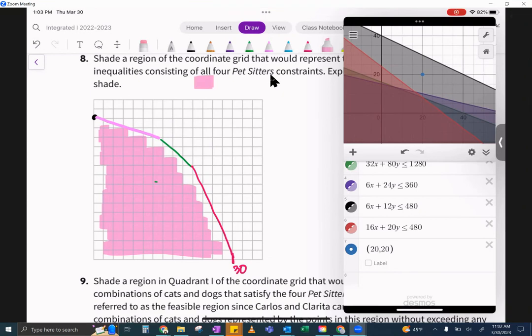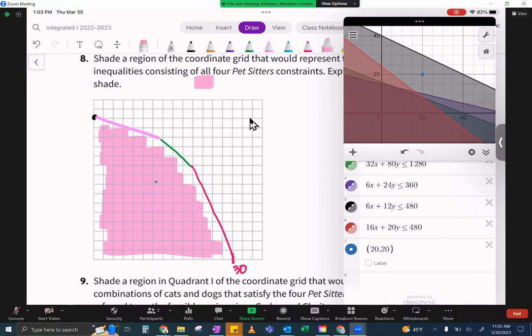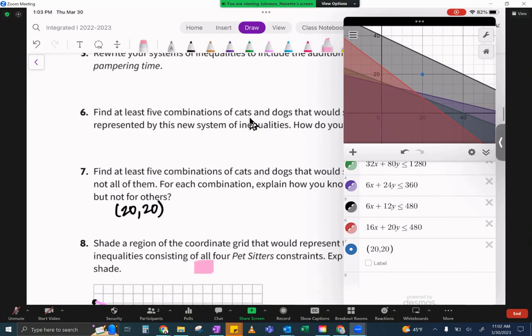You see the word all right there? All. Okay, so if you were trying to find answers for number 6, you're choosing anybody from this darkest region. If you're trying to find anybody for number 7, that not all of them would work, then you're choosing from not that dark region, so maybe like where this point is.